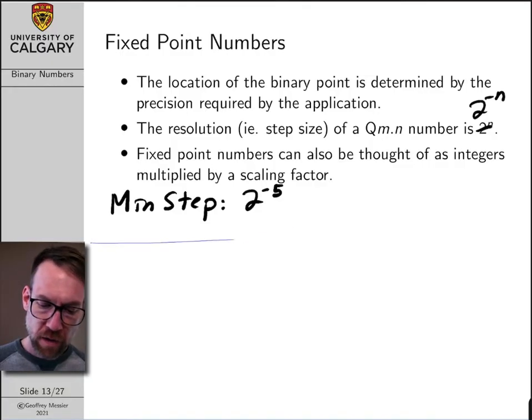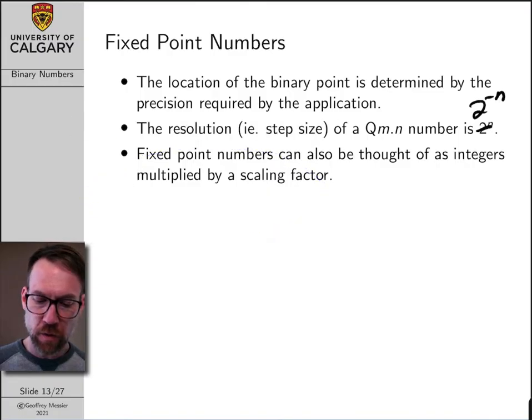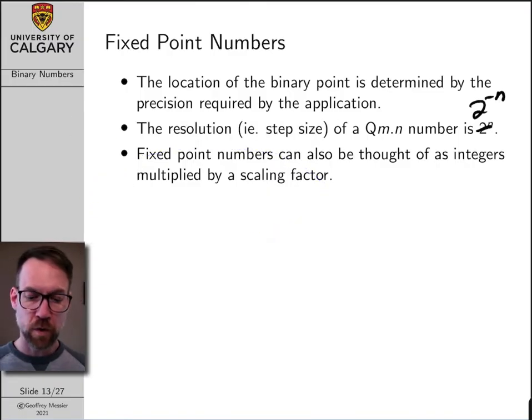Another concept that's useful when working with fixed point numbers is the notion of a scaling factor. This is going to be handy when we convert base 10 numbers into fixed point representation. When writing out base 10 real numbers, we can think of numbers with a fractional component as being multiplied by a scaling factor.